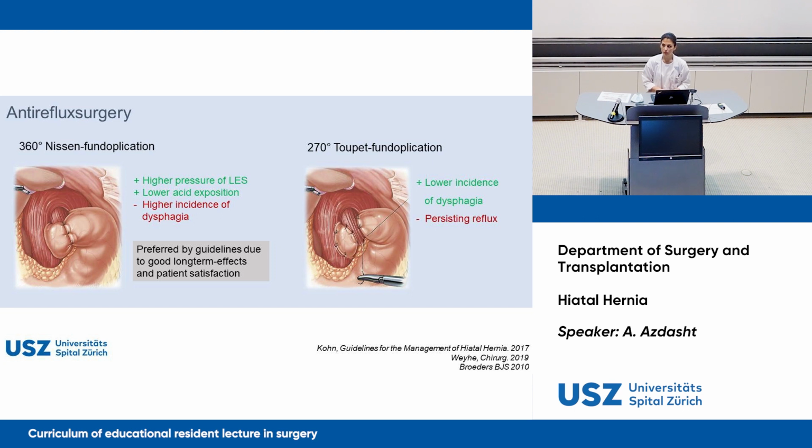We have started robotic anti-reflux surgery. We could not really, at the moment at least, see a relevant advantage of robotics in this type of surgery. But I think this is still a matter to be investigated. It's too early to really draw conclusions, and we have to wait until good data are available from the literature.